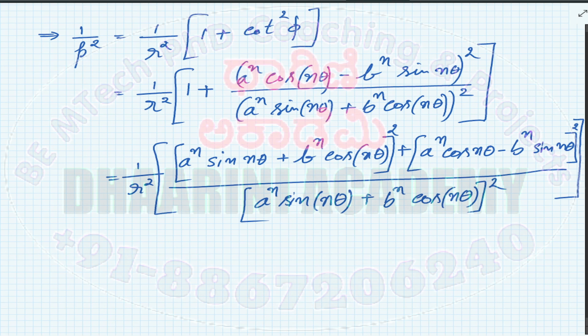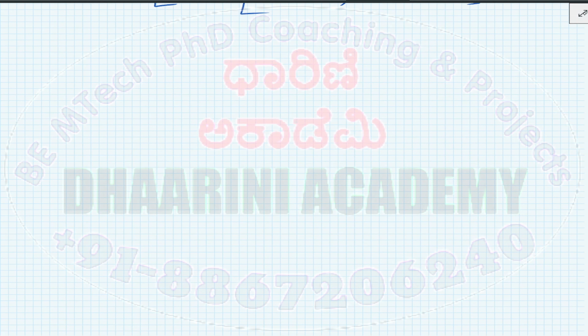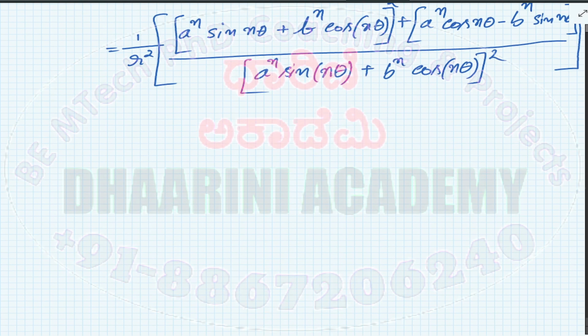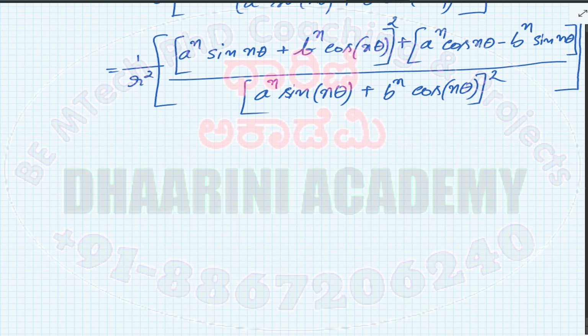Okay, now let's try to simplify this by using the a plus b whole square and a minus b whole square equations. Let's apply that separately now. Anyway, I still have the 1 by r square outside, so this is 1 by r square into, let's try to write this.